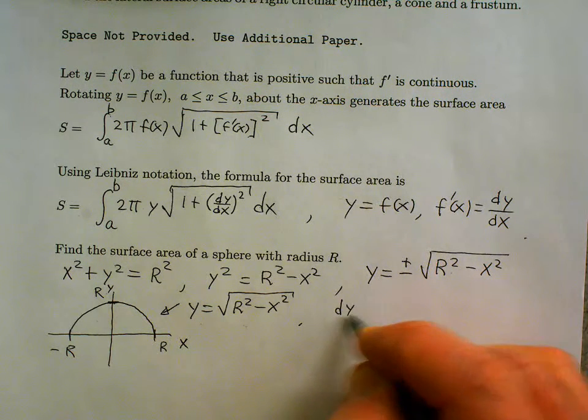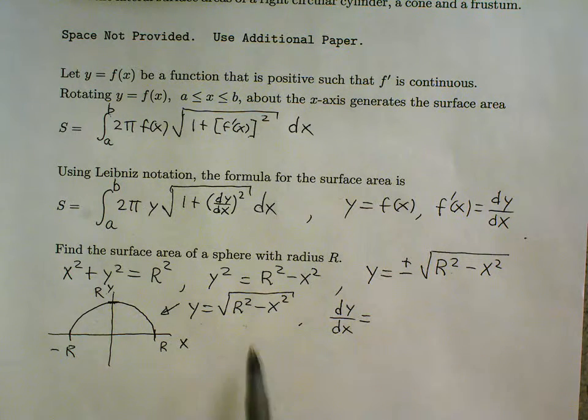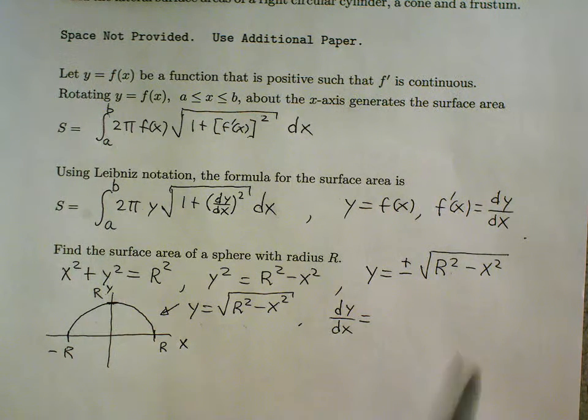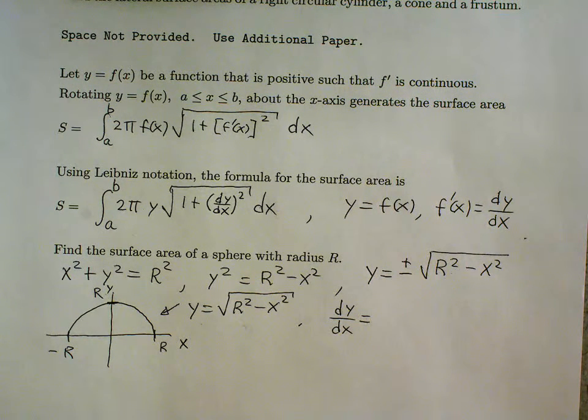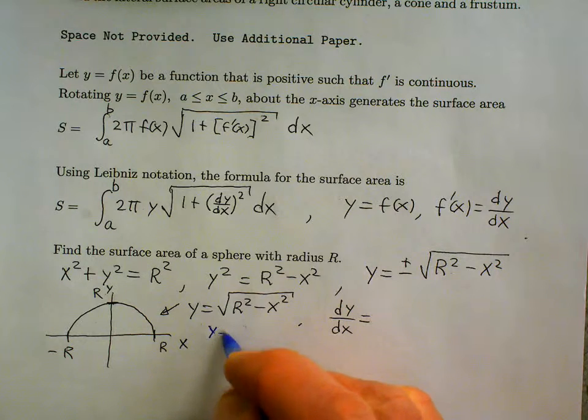So the derivative with respect to x, well, think of the square root of r squared minus x squared as r squared minus x squared to the 1/2 power. So I can write that here so that we have something to look at.